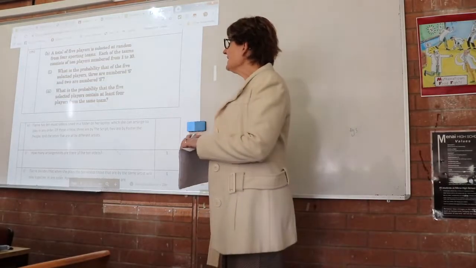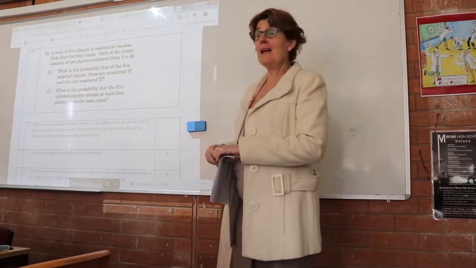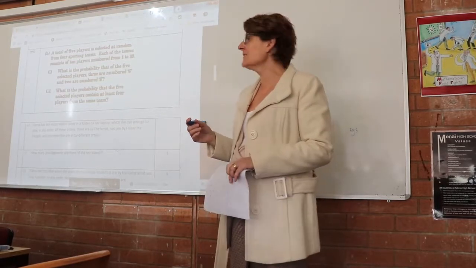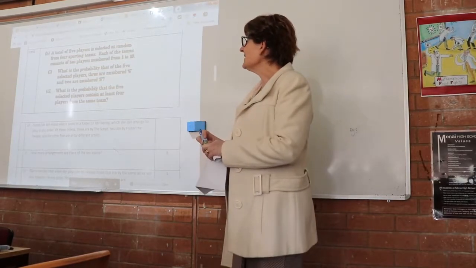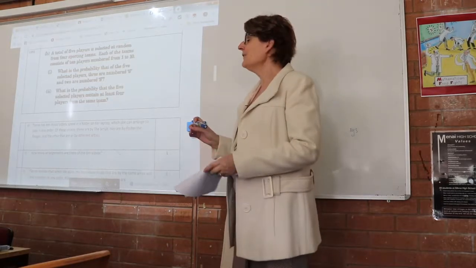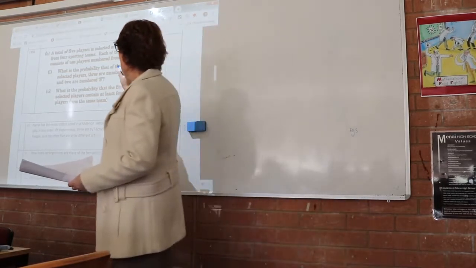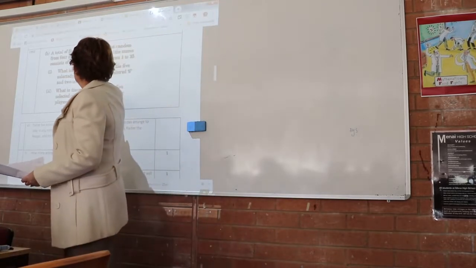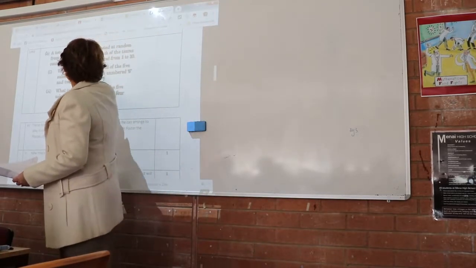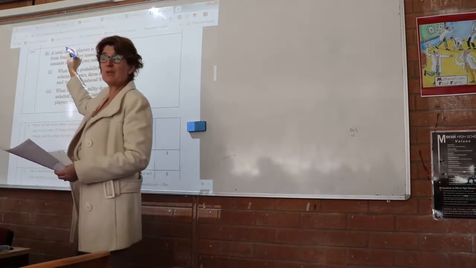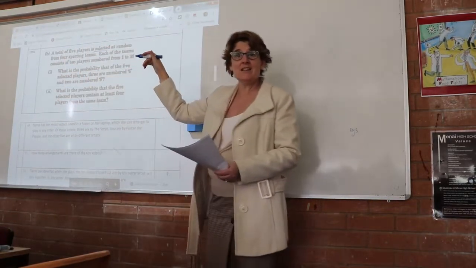So there is a total of 5 players to be selected at random from 4 sporting teams. Each of the teams consists of 10 players numbered from 1 to 10. Now again, we're talking about selection versus arrangement. And what does the word selection indicate?